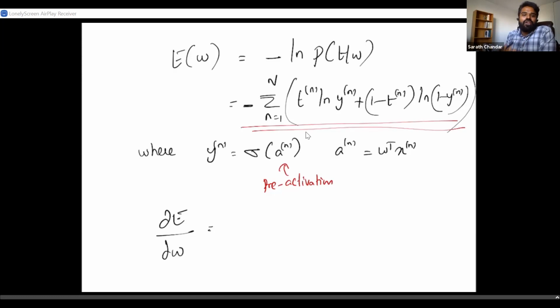Now we can apply the chain rule so that we first differentiate this term with respect to y, and you see that y is actually a function of a.